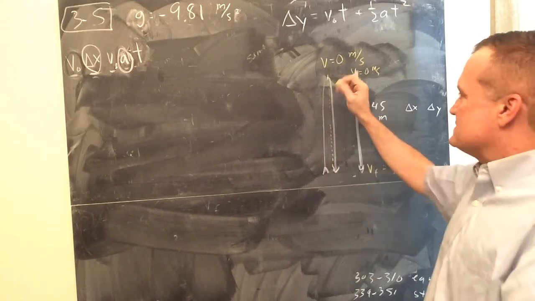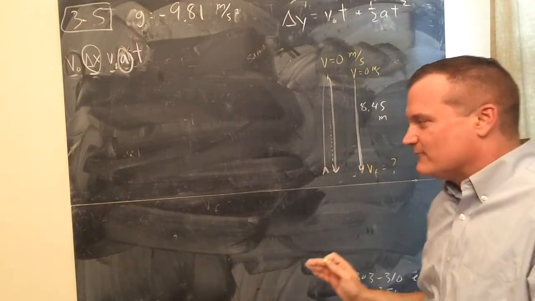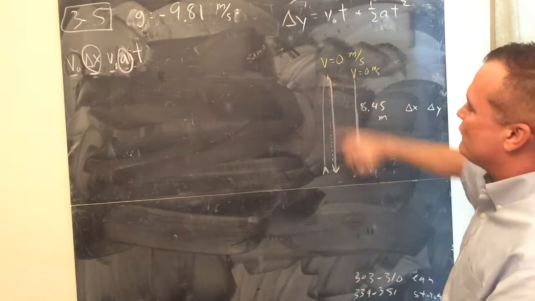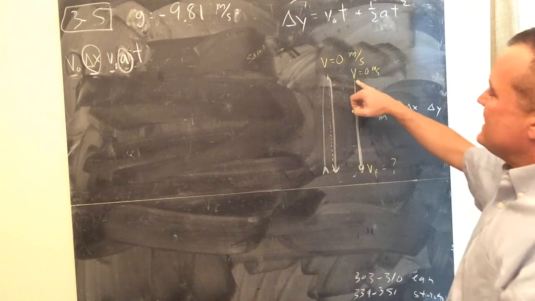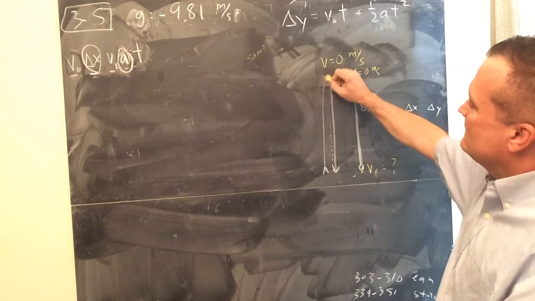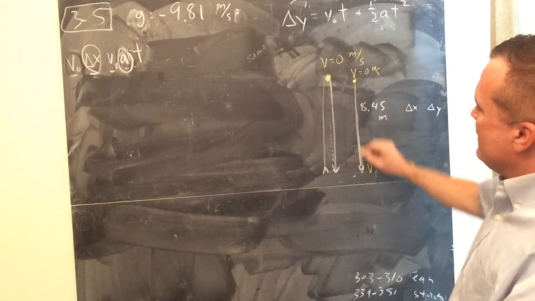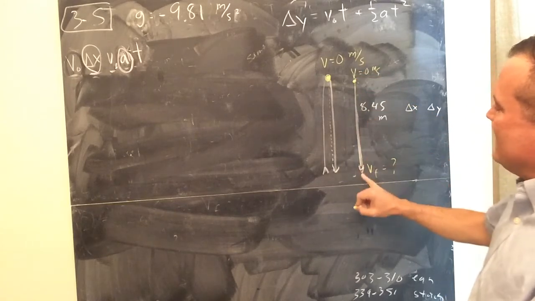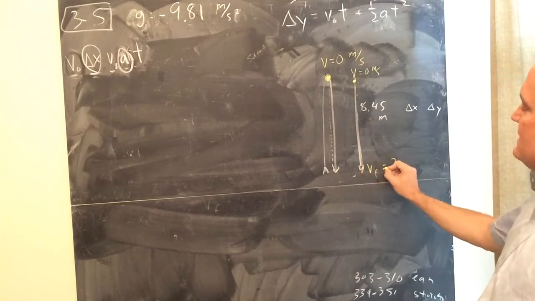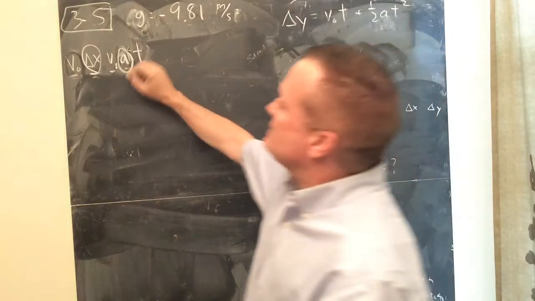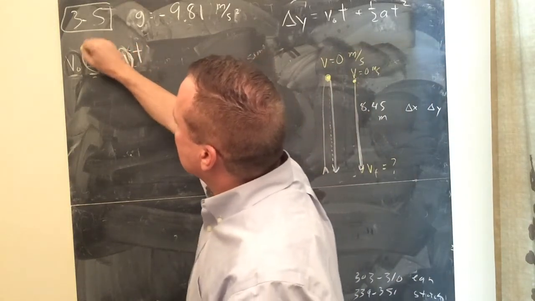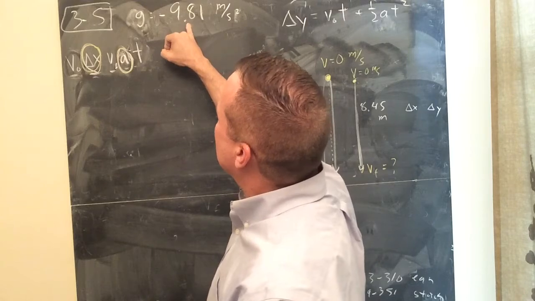And look at this. So we're only going to take half the problem for a moment. Let's just talk about the half where it came down. As it came down, it started up here at 0. It fell this distance, 8.45, and it ended with this final velocity. And the whole time it had the acceleration of negative 9.81.